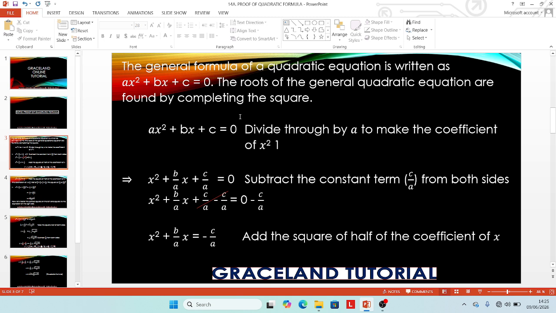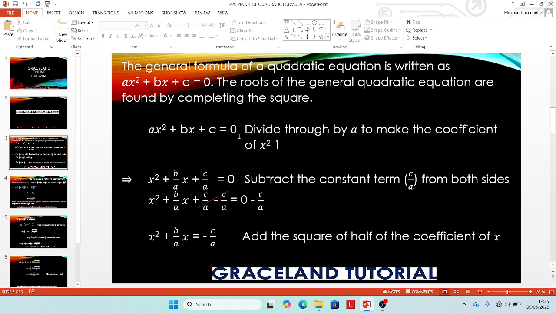And to prove the quadratic formula, we're going to make use of the completing the square method.